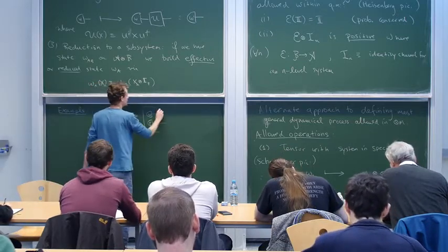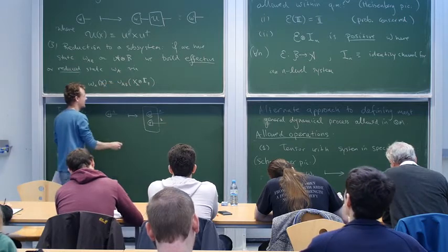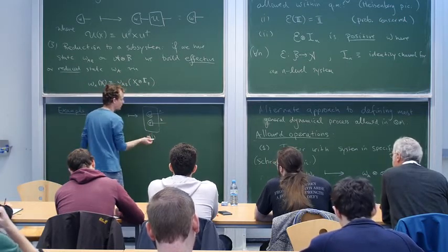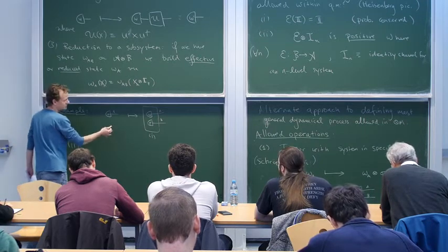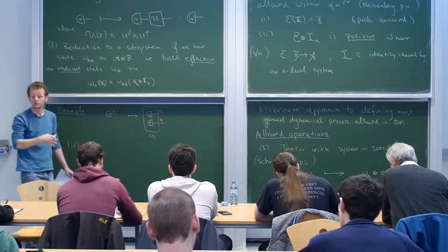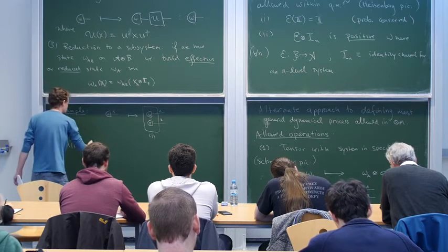This is A, now this is AB. And then this could be like step 1. In step 2, we do some unitary evolution on the joint system now. That's also allowed.